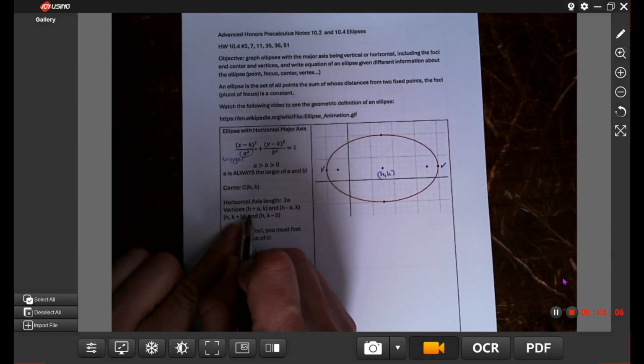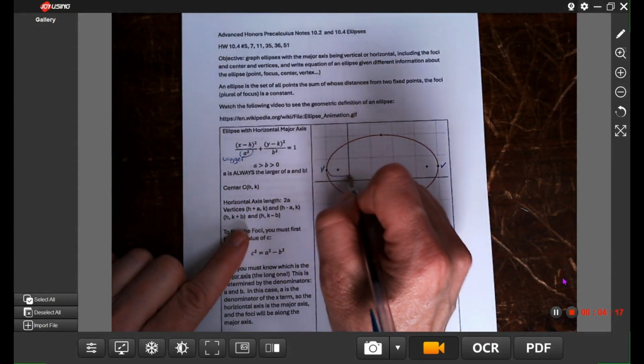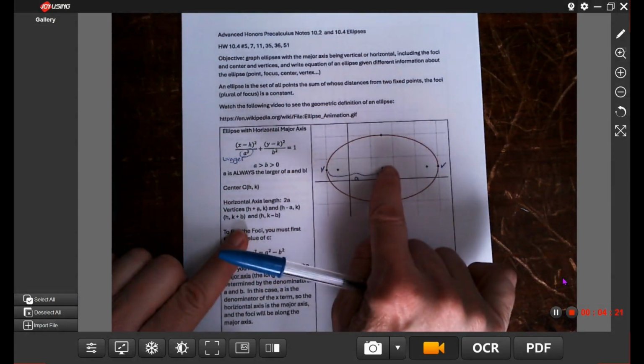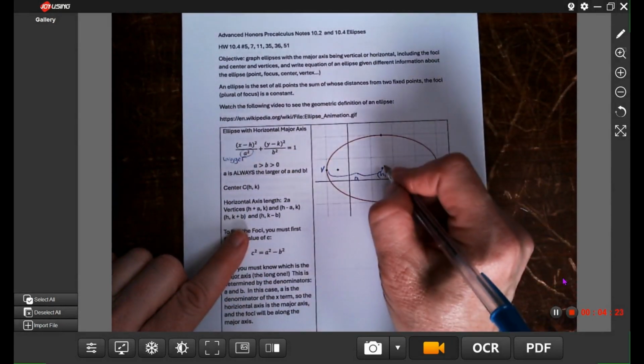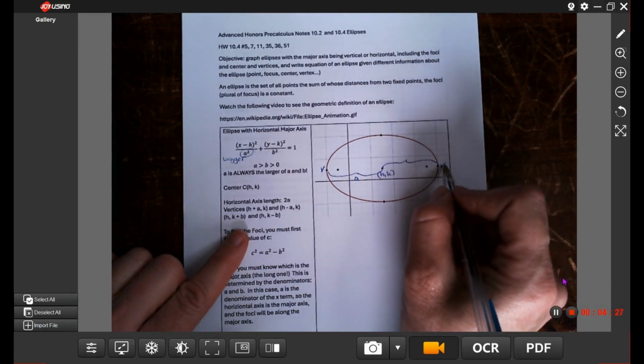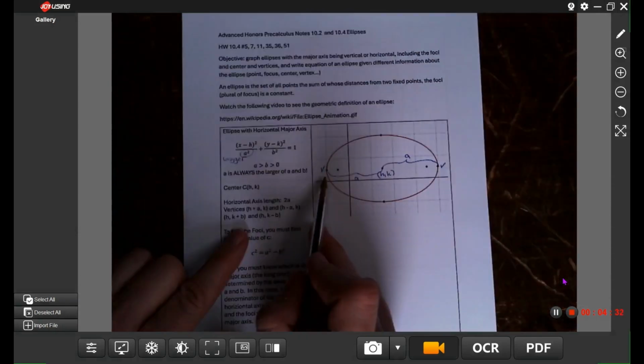And how do you find them? So the vertices are a distance of A away from the center. So this distance between the vertex and the center is distance A. And this distance between the vertex and the center is also A.